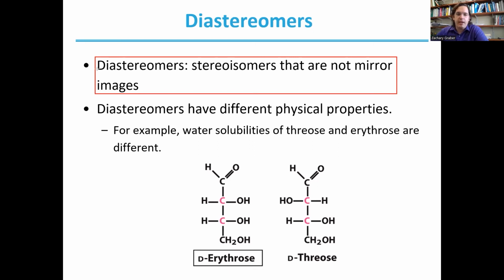So for example, here we have D-erythrose compared to D-threose. Notice how we change the configuration at our first chiral center while keeping the second chiral center in that D form for both of these sugars. And our water solubilities are actually different for each of these two isomers.